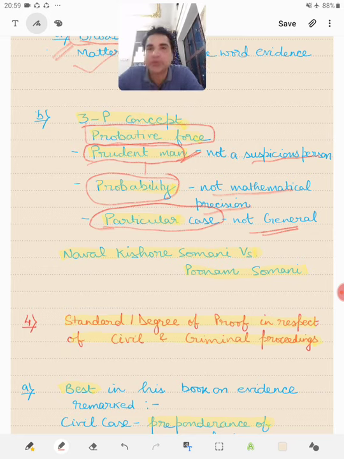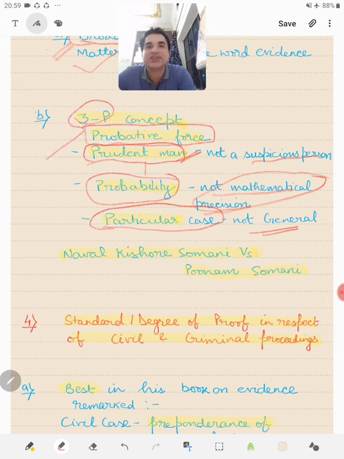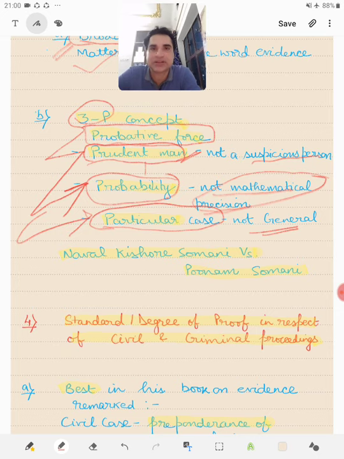So the standard of proof or the degree of proof that is required to prove a fact, to disprove a fact, or to leave it proved or not proved, is not by mathematical precision of 100% proving that yes, that fact exists or does not exist. But what is there is that a prudent man should have that probably, in reference to that particular case, the thing exists in order to make it proved, and does not exist in order to take that the matter is disproved.